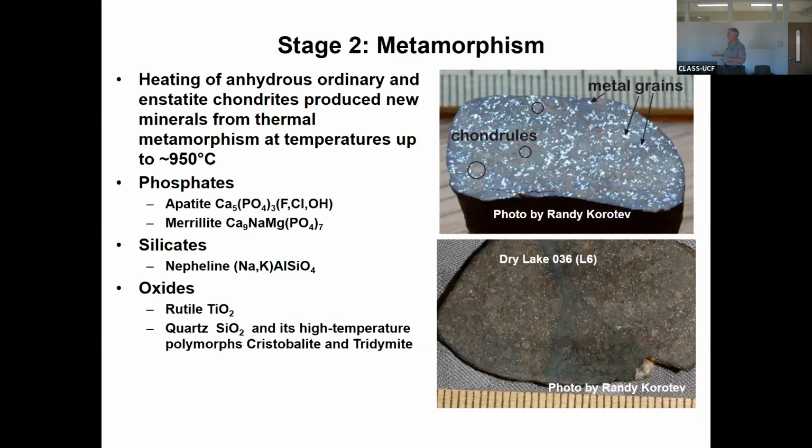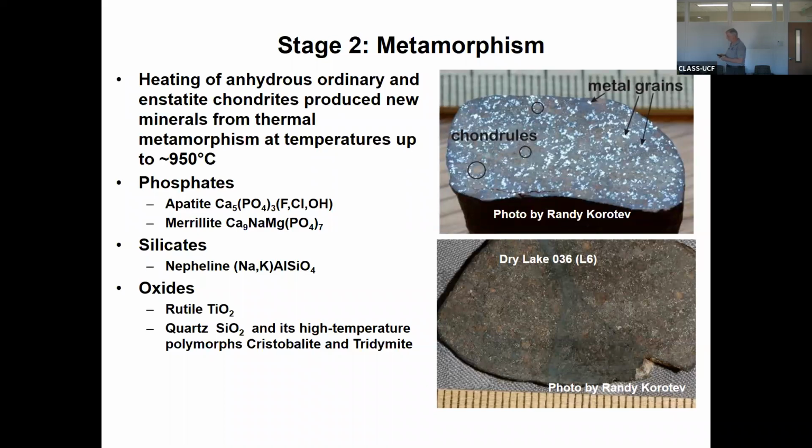You get things like phosphates, silicates like nepheline, oxides like rutile and quartz. And the thing with quartz is that you can have lots of versions of quartz depending upon the temperature. So quartz is relatively low temperature, but its high temperature polymorphs are the same chemistry, but a different crystal structure.